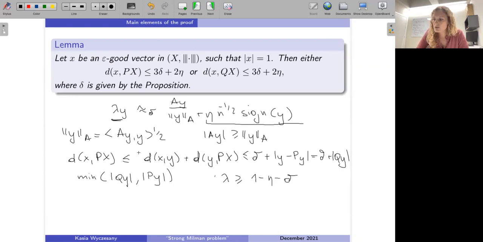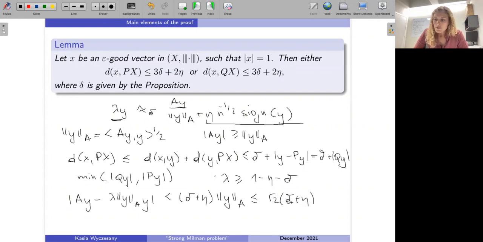And from this follows that the norm of Ay minus lambda y_A must be less than or equal to delta plus eta times the norm of y_A, which is at most square root of 2 delta plus eta. So this exactly is the statement that I told you, that y must now be an approximate eigenvector of A.